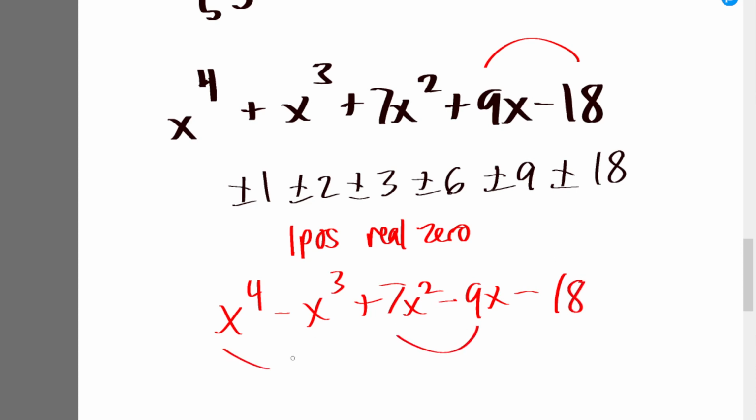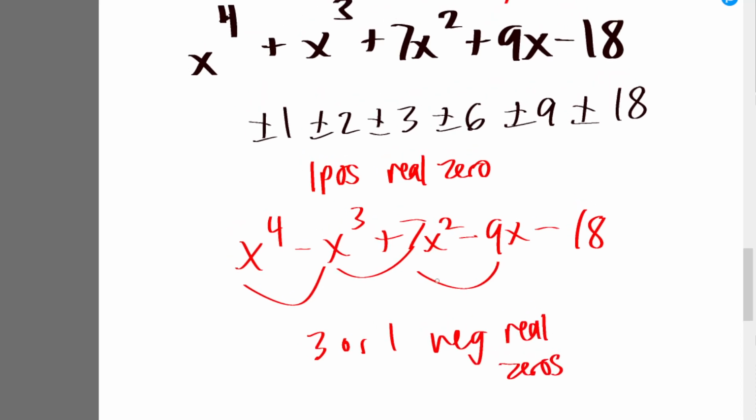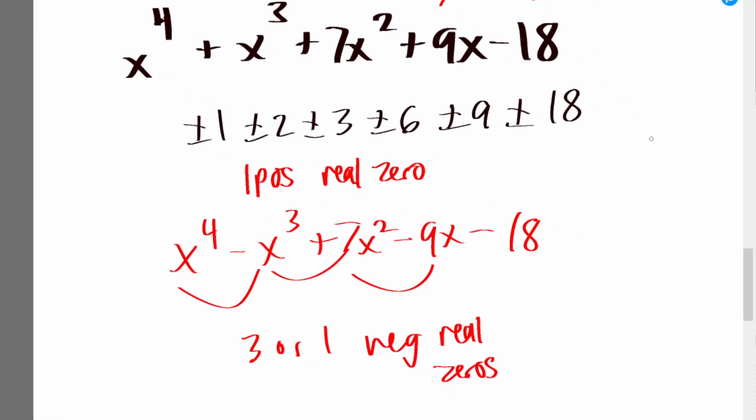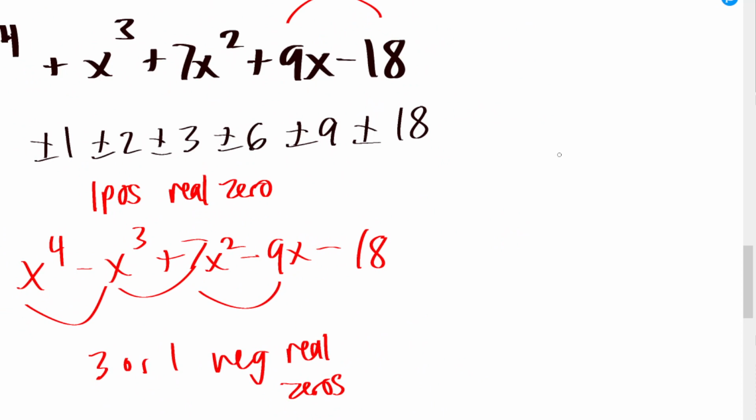Looks like there's 1, 2, 3, so 3 or 1 negative real zeros. I have a feeling, since we're in chapter 3.6, that we're probably going to have one positive real zero and one negative real zero, and the other two are probably going to be imaginary.